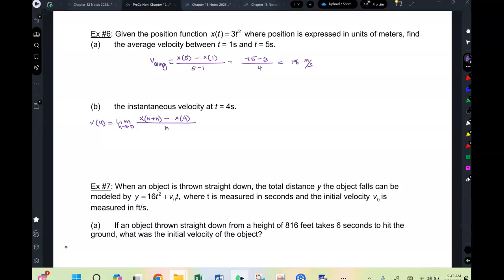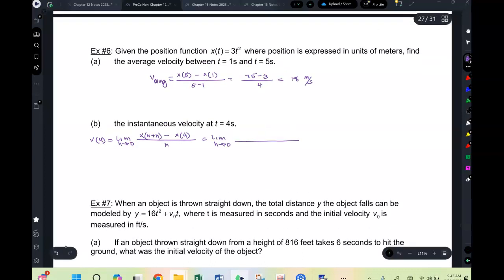So here, this is the limit as h approaches 0. What's x of 4 plus h? It's 3 times 4 plus h squared minus 3 times 4 squared over h. Let me do some work here.